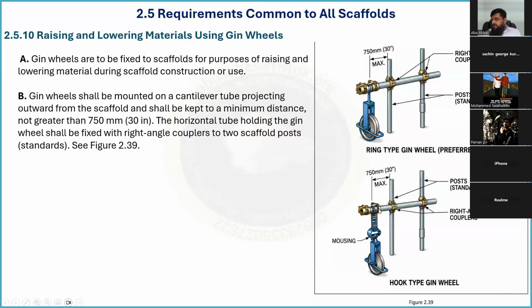Two types of gin wheels we can use, and normally the distance we take from the center of tube or coupler, wherever we are referring to the distance, to the center of the gin wheel, wherever it is tied or fixed. 750 mm or 30 inches.